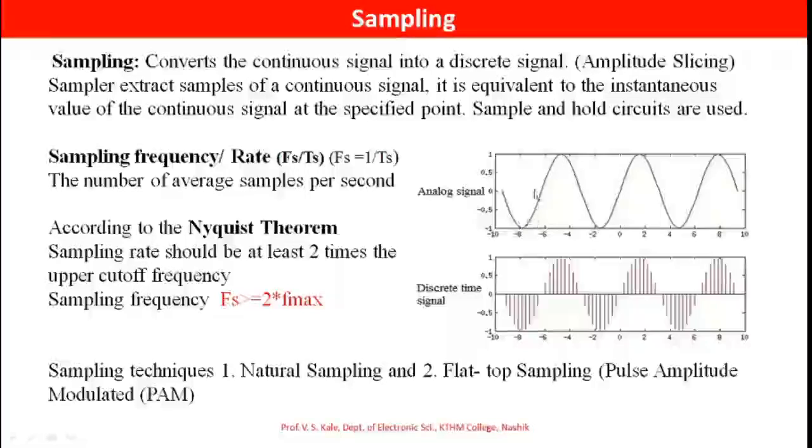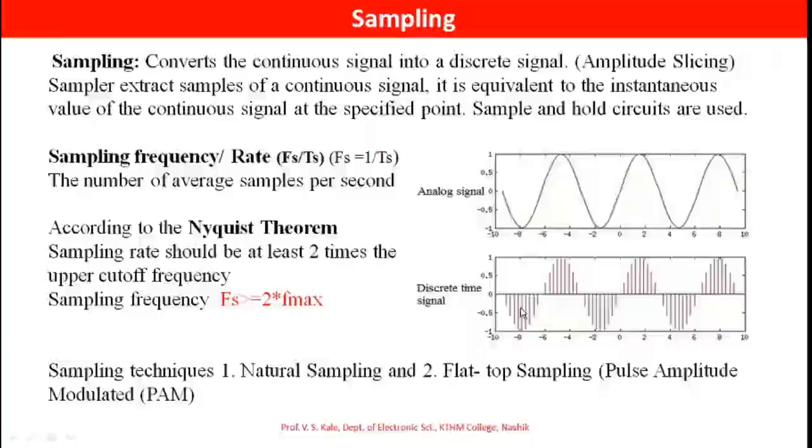If you consider the negative half cycle, here discrete time signal is shown of negative half cycle. Similarly, there is positive half cycle continuous, its discrete time signal is shown. There is gap between two samples. The continuous signal is converted into a discrete time signal.